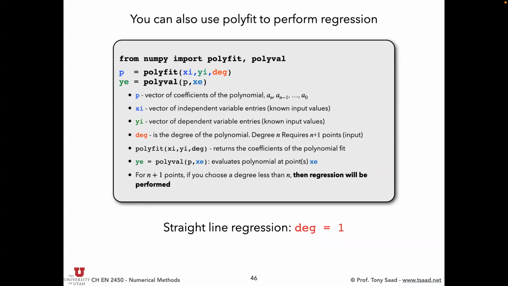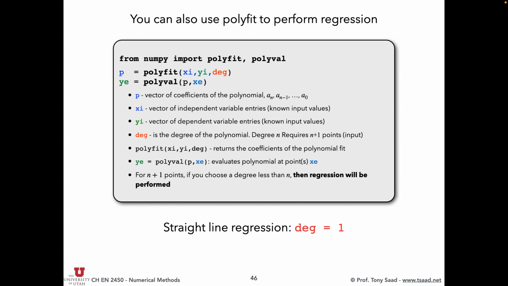But remember what I said, and this is just a slide grabbed from the previous chapter. If you choose a degree less than n, then regression will be performed. So over here, you could have 1,000 points, which would mean a polynomial of order 999 if you were to do interpolation. But if you want to do regression to a straight line, you set degree equal to 1.